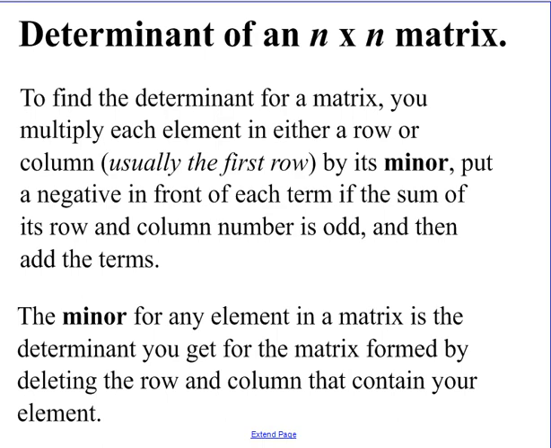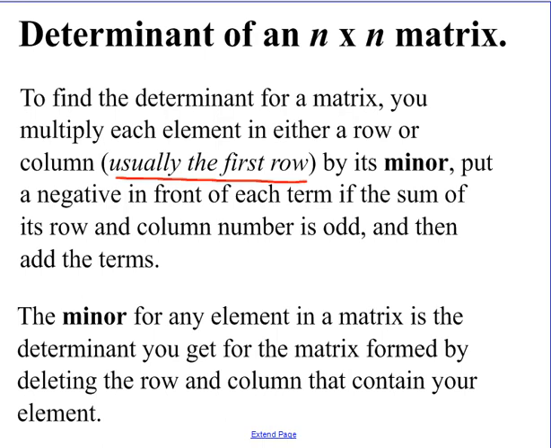To find the determinant of any n by n matrix, so it's a square matrix, you multiply each element in either a row or a column. We usually use the first row, so that's often the easiest, but you can use any row you want or any column you want. You're going to multiply each element by its minor, which we'll talk about in a second.